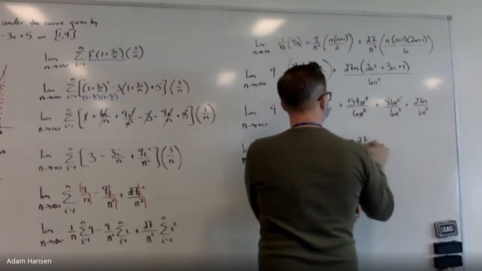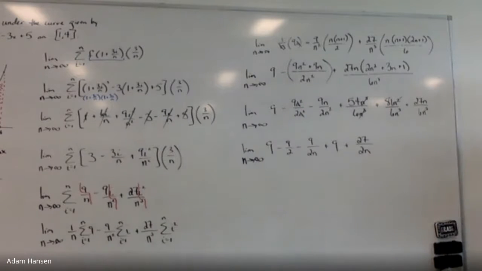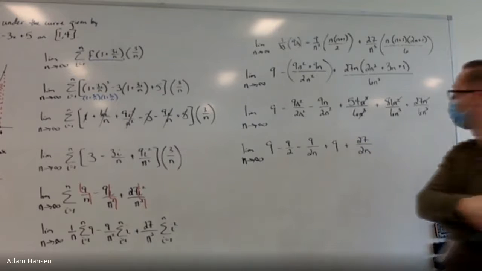So 27 over 2n. On the last term, 27n over 6n to the third, I can cancel out one of the n's. So 27 over 6, divide them both by 3, is that 9/2 again?